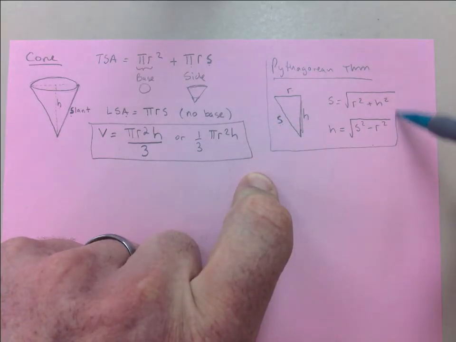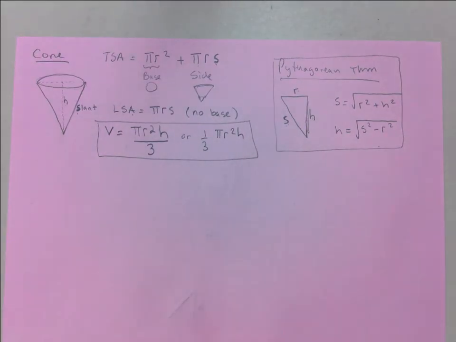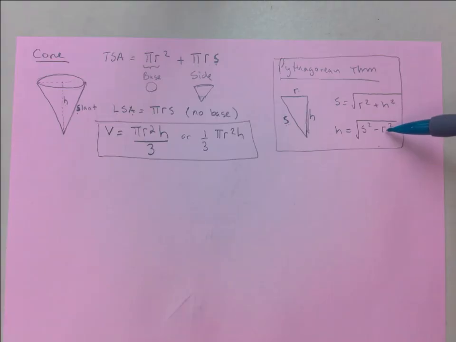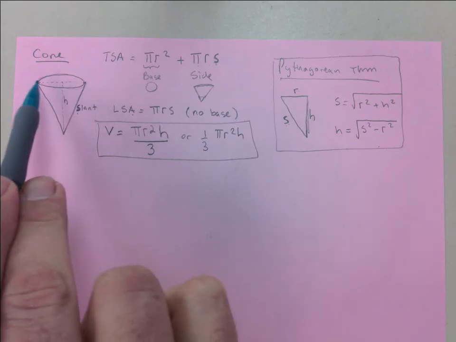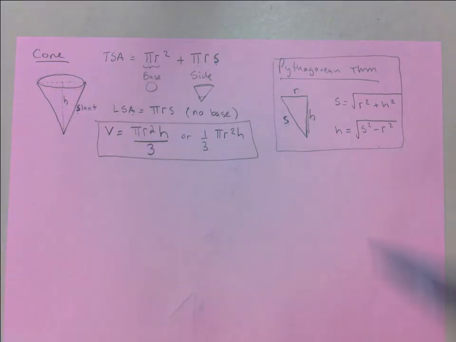So this is a little different than the pyramid, to be honest. So you may want to add this. One thing you need to be very careful is that sometimes students split the radius in half to put it in here. You only would split the radius in half if they gave you the diameter, right across. You would split that in half to just have the radius. So you need to use this to figure out one or the other.